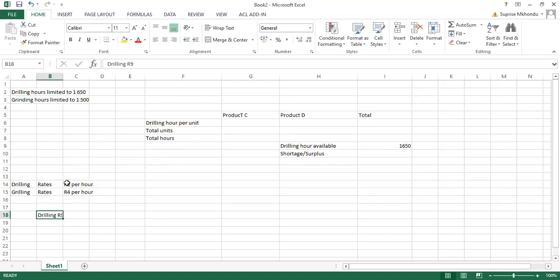So 9 divided by 3 is 3, which means to produce one unit of product C is going to take 3 hours. Any question? Are you all comfortable? Yes, let's move. This side.